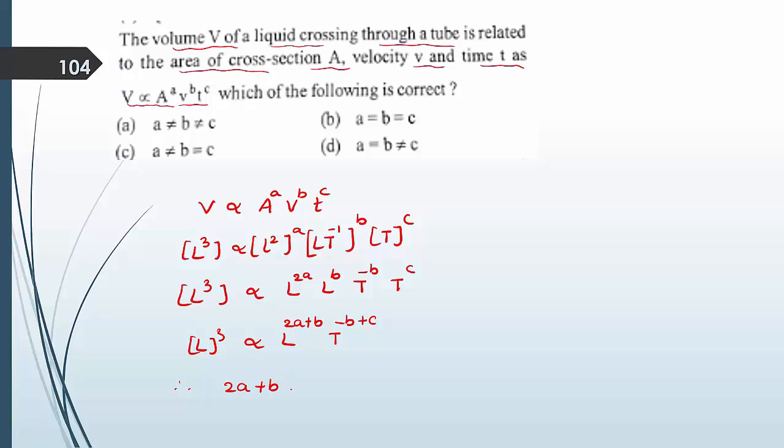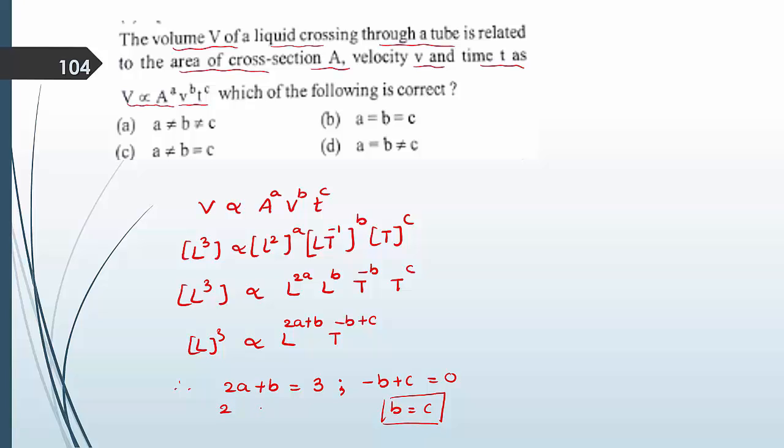So therefore, compare LHS and RHS values here. 2a plus b equal to 3. And here minus b plus c equal to 0, because there is no T term on the LHS. So b equal to c here. Come to this term, 2a plus b equal to 3.